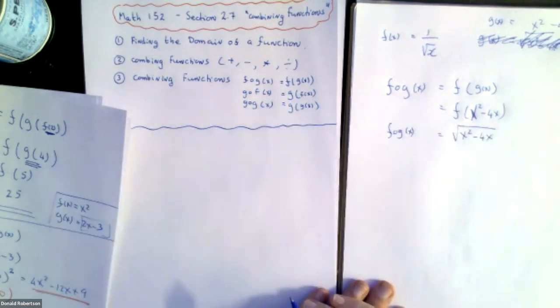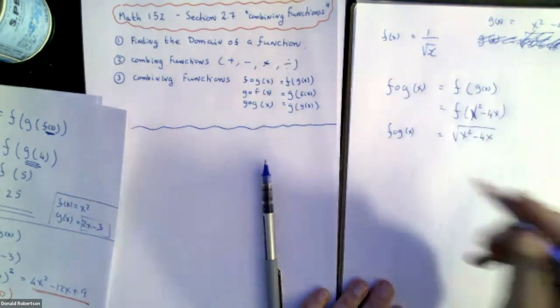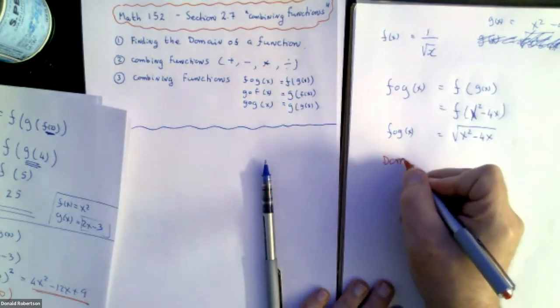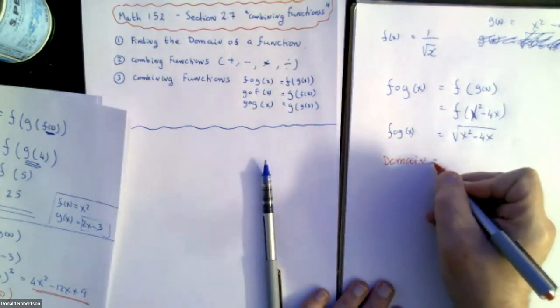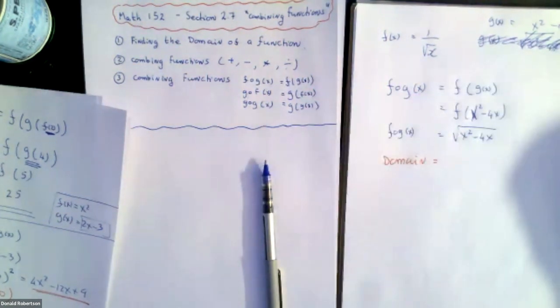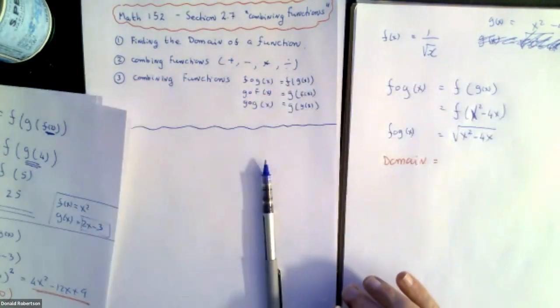That one is quite difficult to get its domain, algebraically at least. Although later on we'll actually show you how you can do that algebraically. But right now, we're just going to do it by using Desmos. So if you bear with me for a few moments.